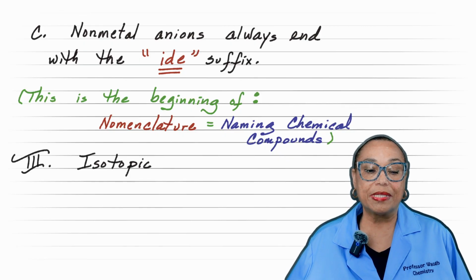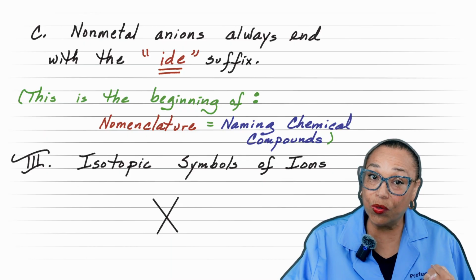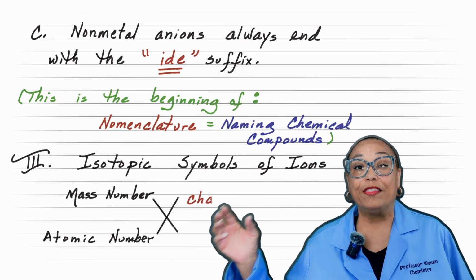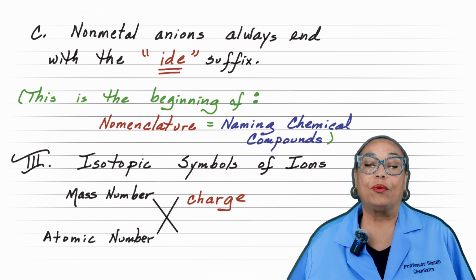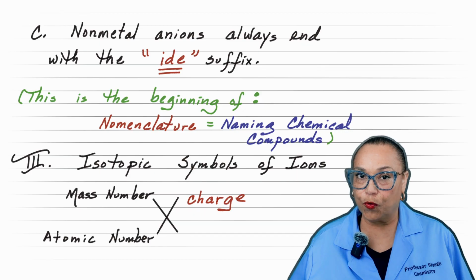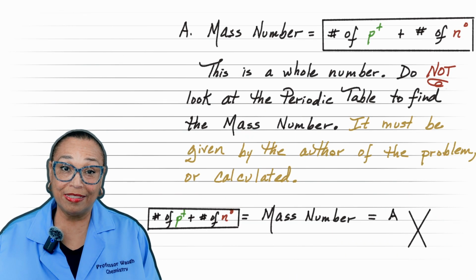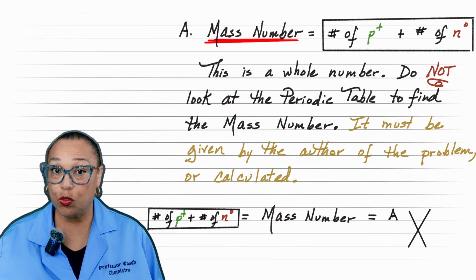Okay, the isotopic symbol of ions becomes very easy because I know you know the mass number and the atomic number, and the charge goes on the right side of the upper region. Let's break this down a little further as a reminder. Mass number is the number of protons plus the number of neutrons.